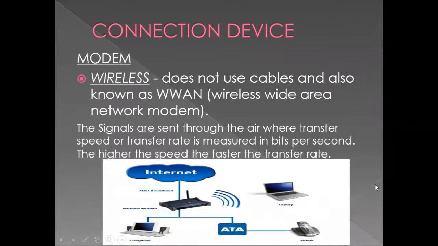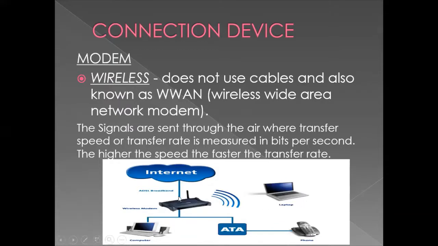Okay, now wireless, that means we don't need cable, right? It does not use cables, and is also known as WWAN, wireless wide area network modem. The signals are sent through the air, where the transfer rate is measured in bits per second. The higher the speed, the faster the transfer rate. So remember, that's a wireless connection device. Remember Wi-Fi.